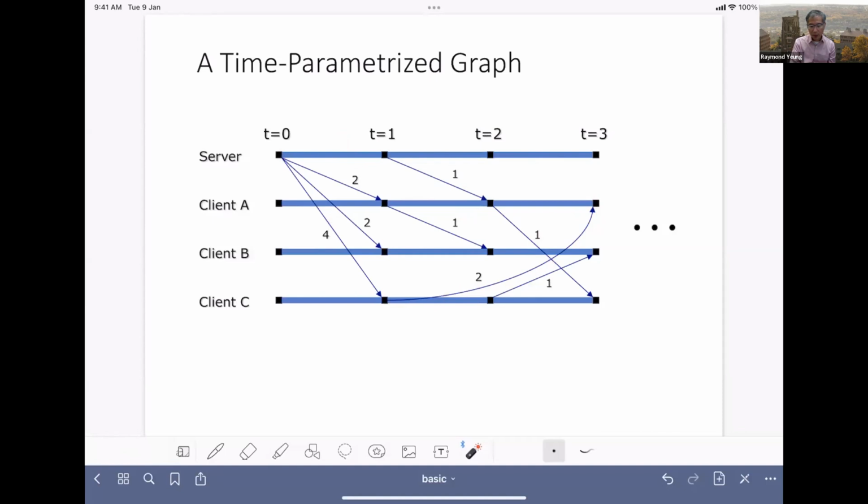Whatever the server possesses at t equals 0, it passes on to itself at t equals 1. It means that you don't lose memory. So this is in fact a graph with the capacity of all these edges equal to infinity.